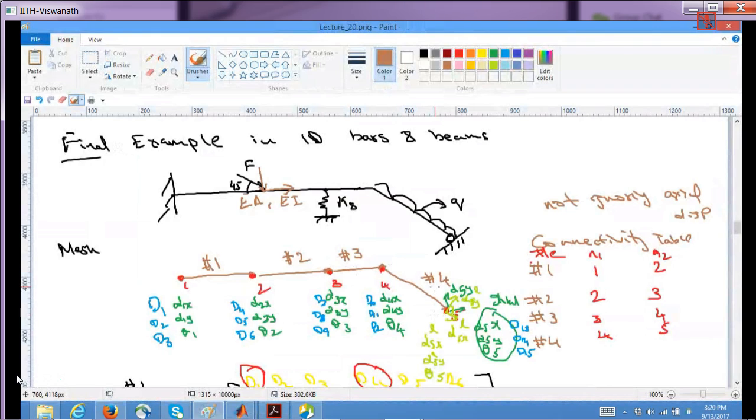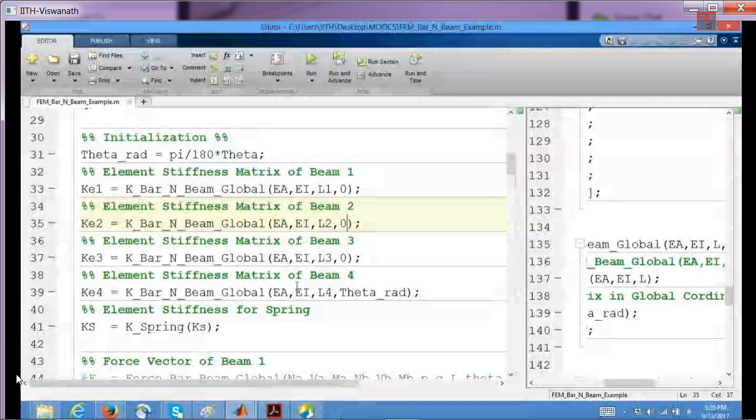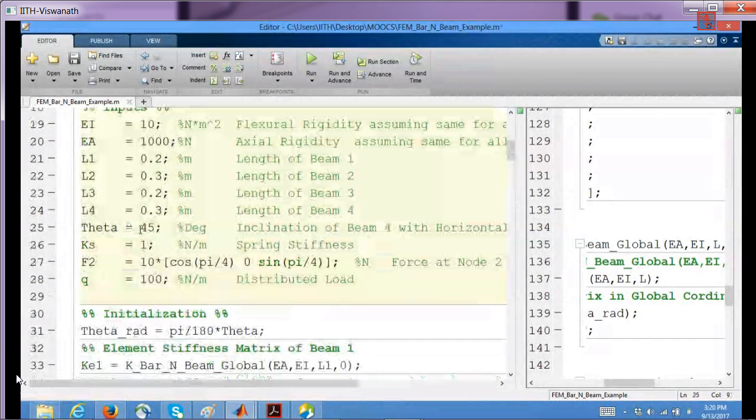However, only the last one, the fourth one, has a theta different from 0, which is minus 45 degrees. So for the fourth one, EA, EI, length of the 4th, and theta in radians, minus 45 degrees, the inclination of the fourth beam.